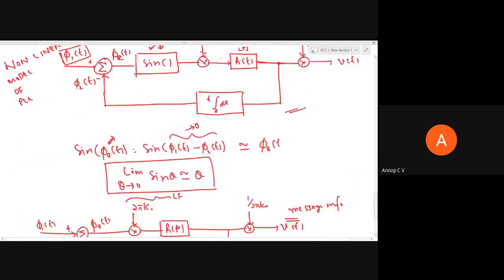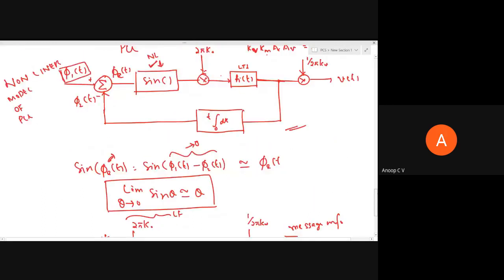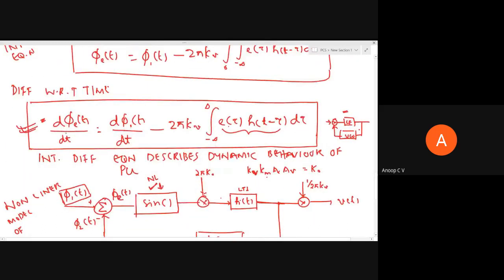From this expression, you can take a Fourier transform, and then you will get the relation between phi e of f, phi 1 of f, and h of f and so on.